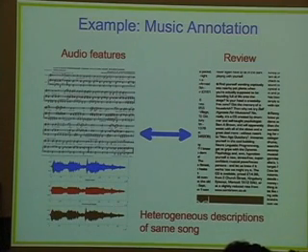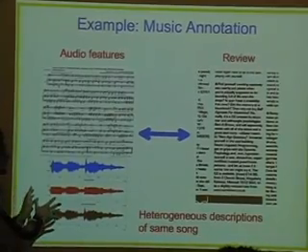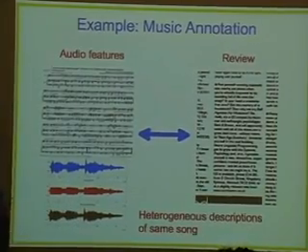This is another example of a research topic that I recently got involved in. Imagine that we look at music and we would like to jointly model the audio content of music and words describing the music. Why would we like to do that?